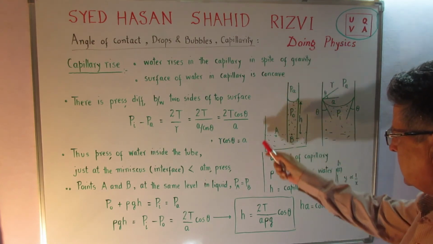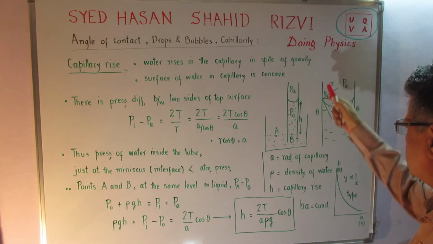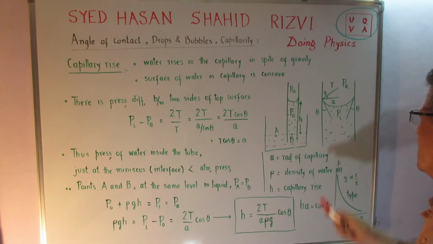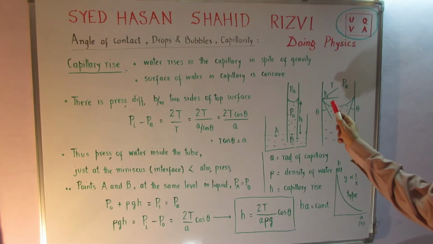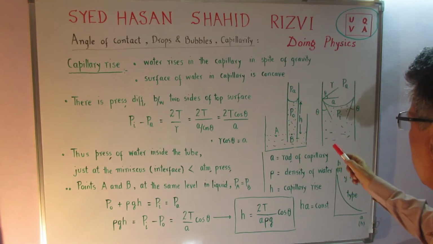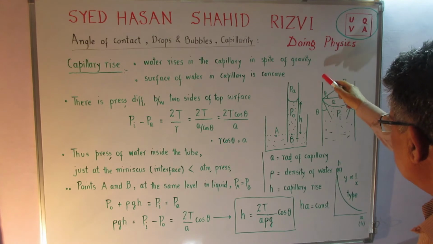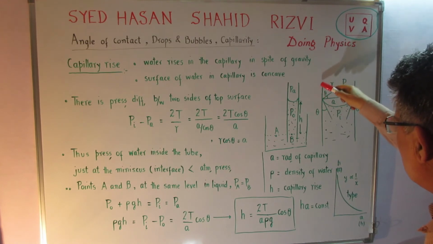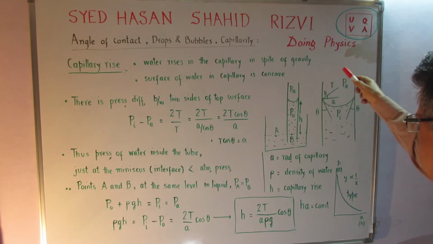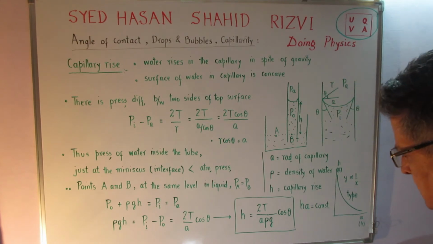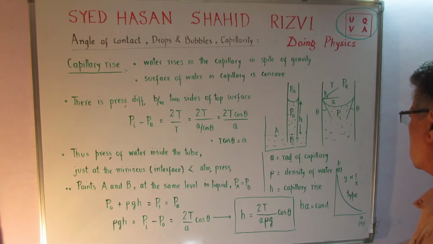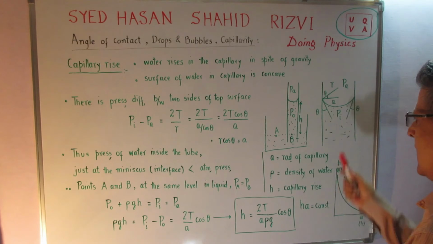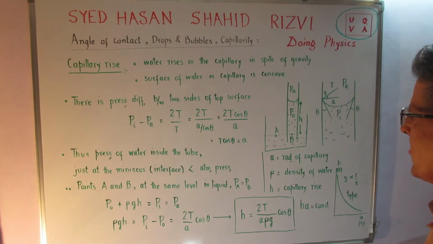Now this has been elaborated over here. Actually, this is A, and this is the center of the spherical surface which is built by this concave surface of the liquid.